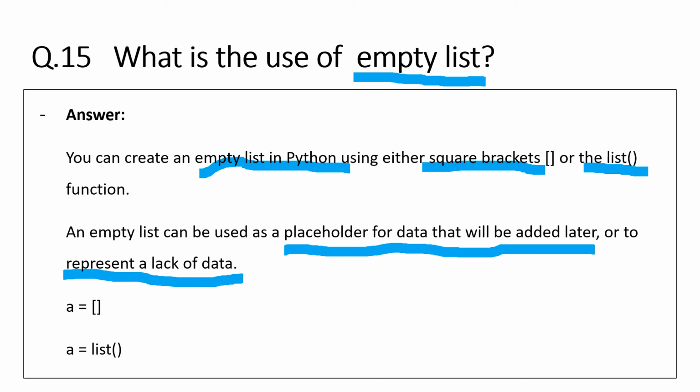So let me repeat the use of empty list. It is used as a placeholder for data that will be added later, or to represent the lack of data. Here is an example of an empty list: A is equal to, only square brackets are written over here. That is nothing but an empty list. Another way to write an empty list is list followed by parentheses. So this is how we can write the empty list in the Python script.